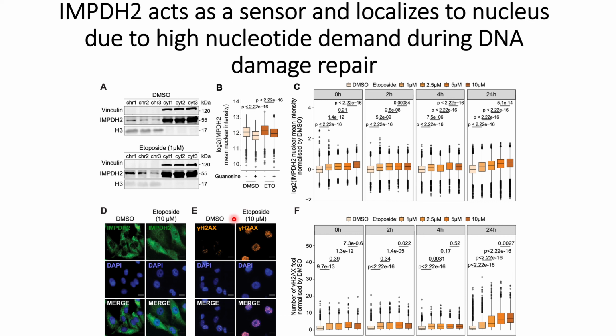Here they check the DNA damage markers using YH2AX, and they can see that adipocyte treated cells have more DNA damage compared to the DMSO control.